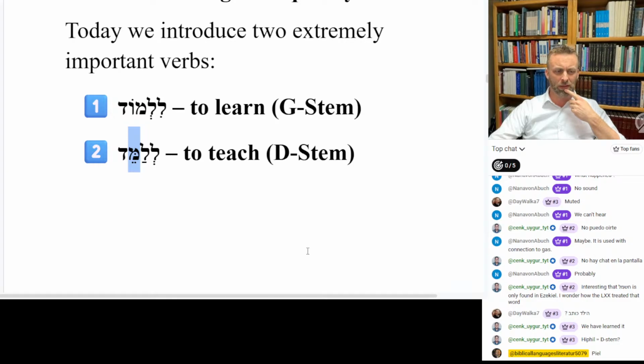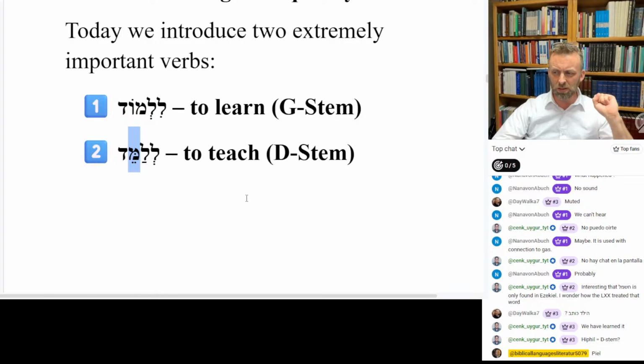Okay. So in ancient times, this would have been pronounced lilamed. Do you hear how I'm hanging out on that M? Lilamed. Now, in modern Hebrew, you're not going to pronounce it like that. Lilamed. It's as if there's only one mem there. Okay?